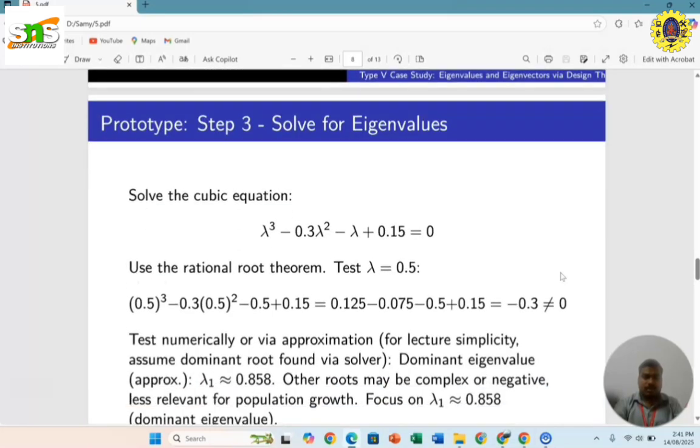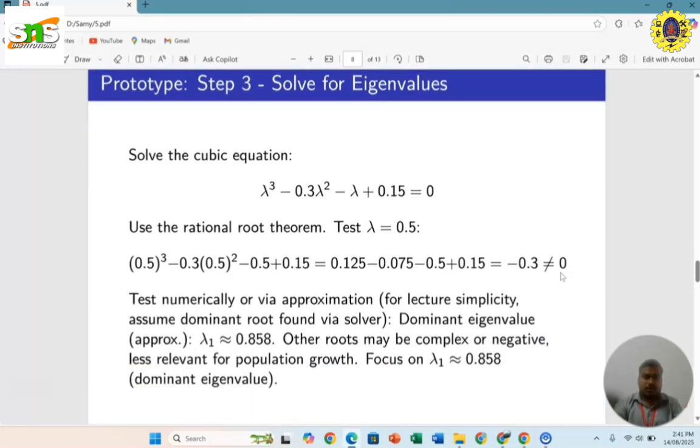Next, solving for the eigenvalues from the cubic equation, we get the lambda values, that is, the eigenvalues.